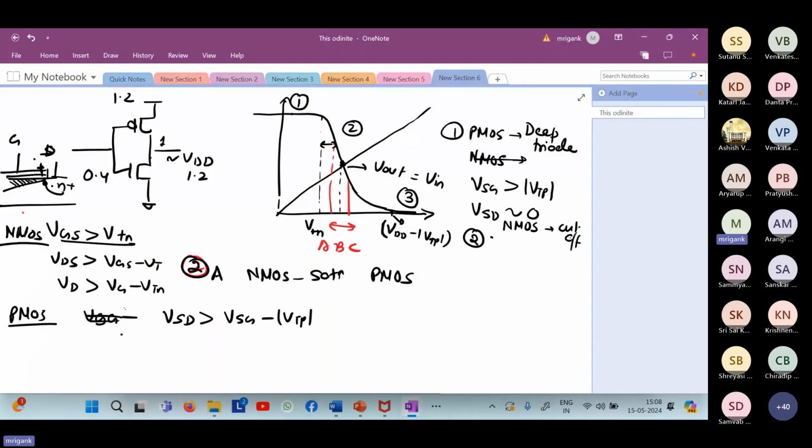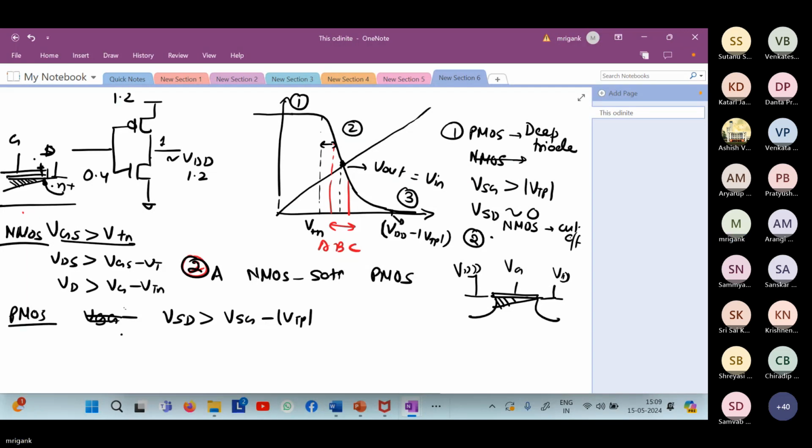Likewise, you can derive the condition for PMOS. Whenever there is a confusion, for PMOS, same thing: you have the pinch off appearing at the drain region. But what is the condition in the case of PMOS? Suppose for the PMOS, we are assuming source is at VDD, and drain is some VD, and you are applying some gate voltage VG.